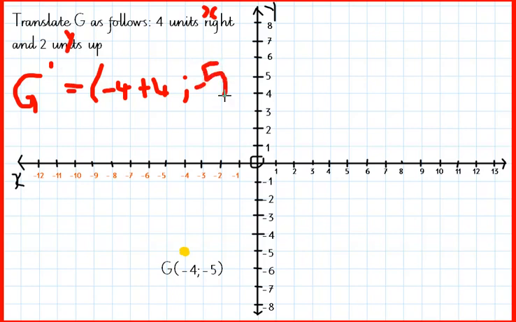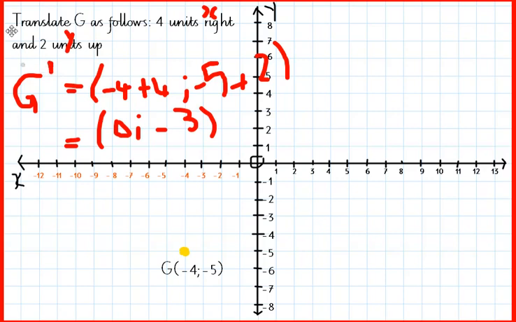We move up, that's +2. So this is our answer. -4 plus 4 is 0. -5 plus 2 is -3. So 0 to -3. That's our translated G.